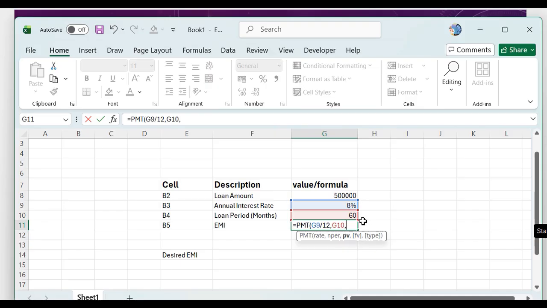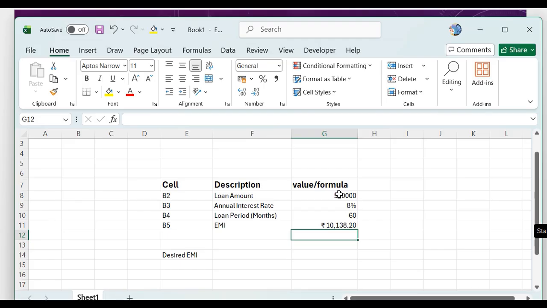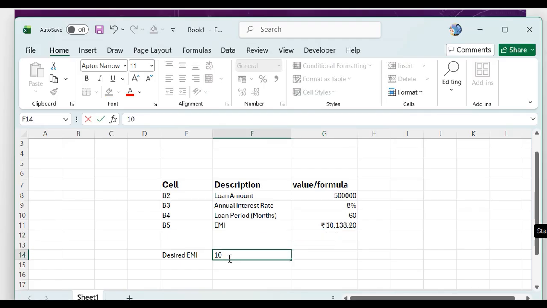Because Excel may return negative EMIs, so to get the exact value we need to use the minus sign. Just give minus, then select the present value loan amount, then enter. See that, our EMI is 10,000.